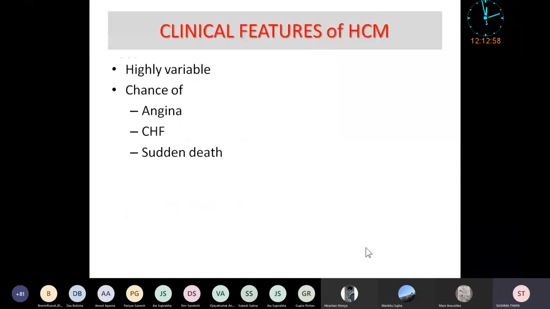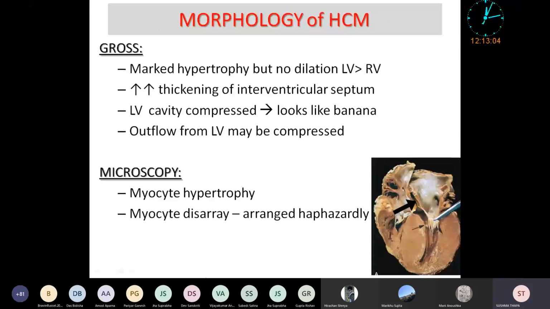The cardiac muscles are enlarged and present haphazardly. Grossly, mainly the left ventricle is affected, and the wall and even the septum are thickened, and the chamber is compressed and looks like a banana. Outflow from the left ventricle may be compressed. So this is all about hypertrophic cardiomyopathy.